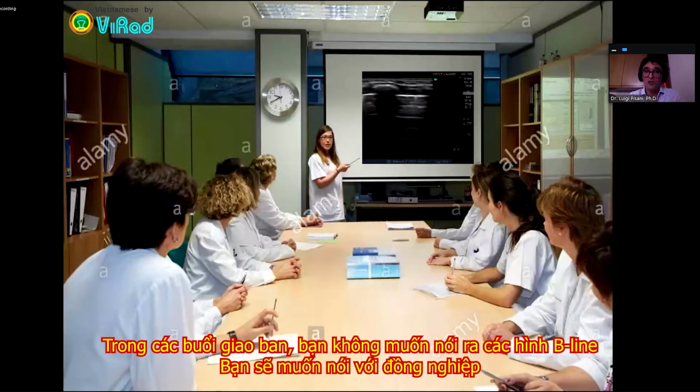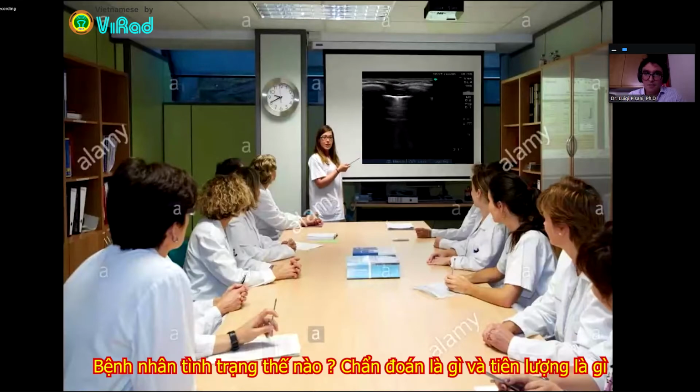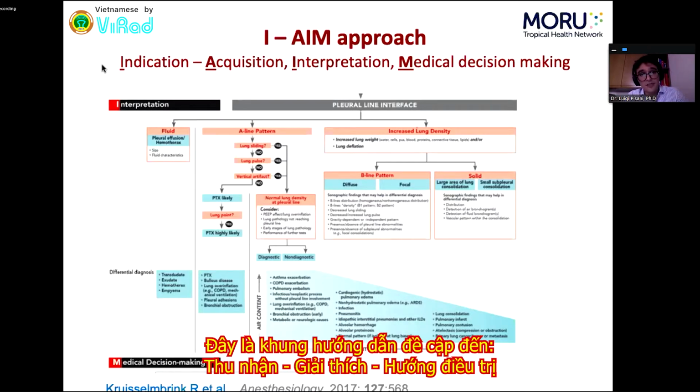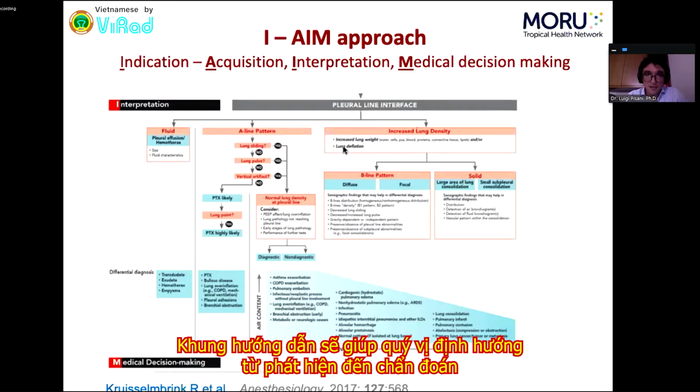You want to tell your colleagues, how is the patient going? What is the diagnosis? What is the evolution? And this framework called indication, acquisition, interpretation, medical decision making may help you to go from findings to diagnosis.